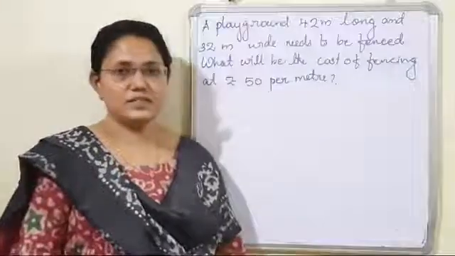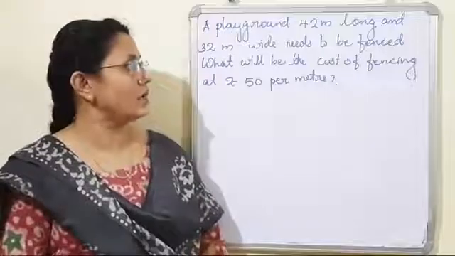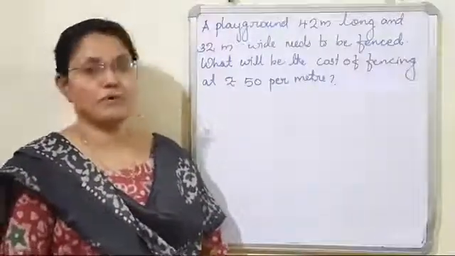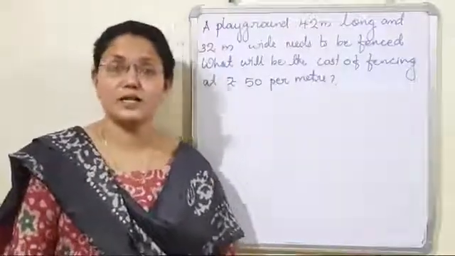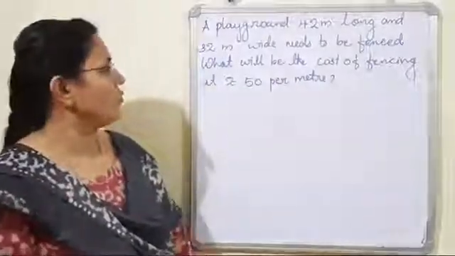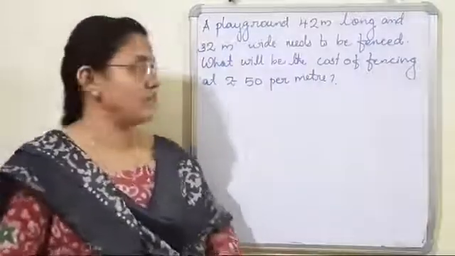Okay. Dear children, in this question, a playground 42 meter long and 32 meter wide needs to be fenced. Wide means breadth. Fenced means to make boundary for this playground. What will be the cost of fencing at rupees 50 per meter?